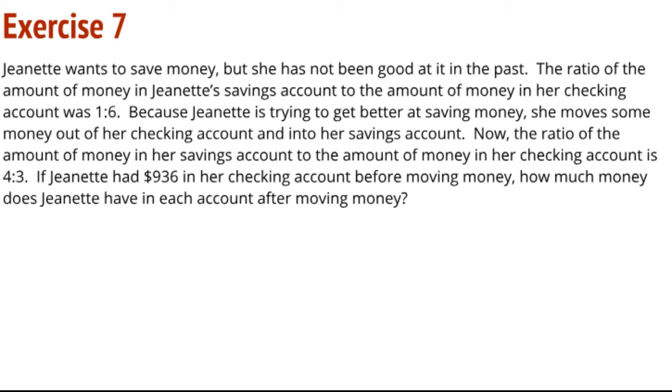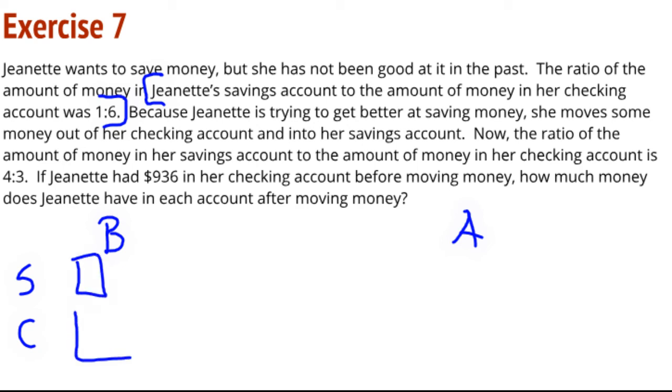If Jeanette had $936 in her checking account before moving money, how much money does Jeanette have in each account after moving money? So we have the before the move, and we have the after the move, and we have her checking account, and we have her savings account. I'm going to reverse it so that my tape diagrams match here. The amount of money in Jeanette's savings account to the amount of money in her checking account is 1 to 6.